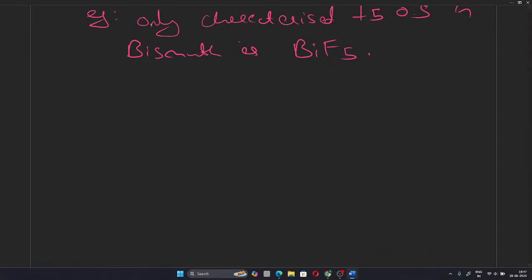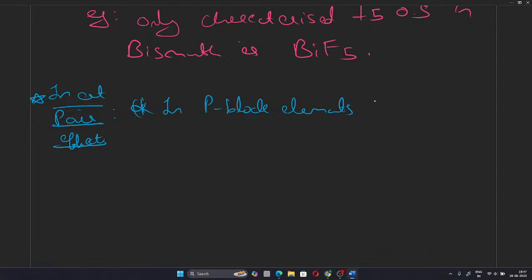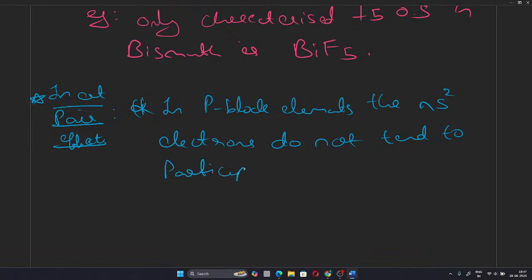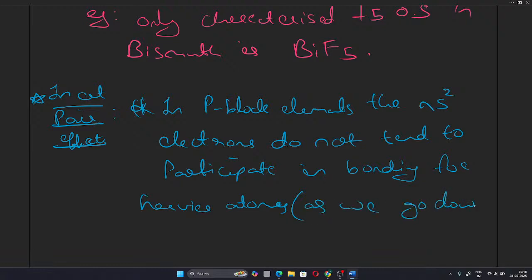As for what is the inert pair effect: in p block elements, the ns2 electrons do not tend to participate in bonding for heavier atoms, or in other words, as we go down the group.